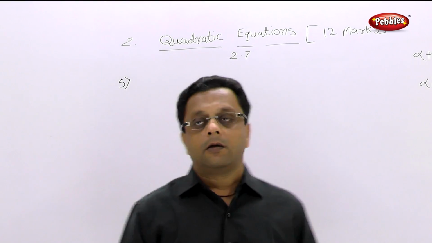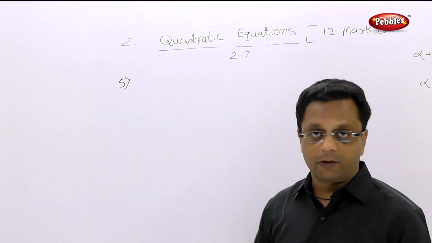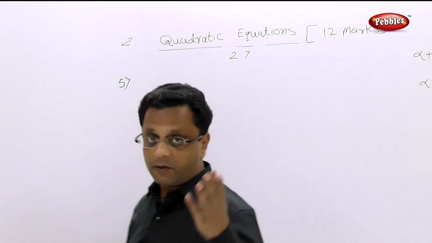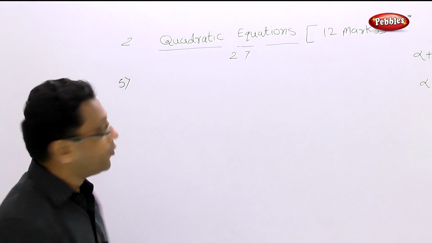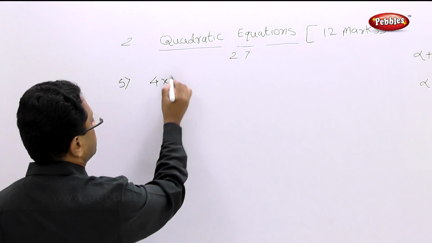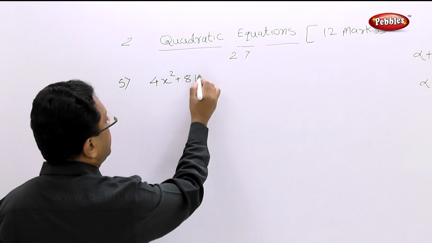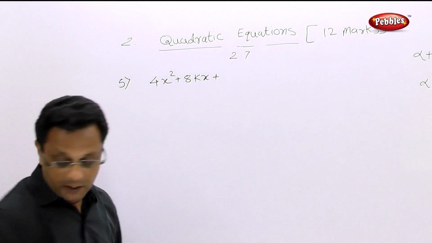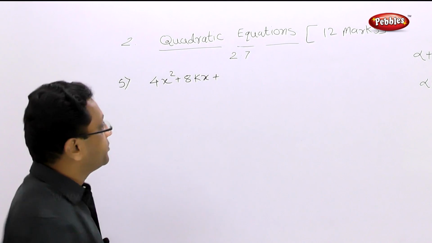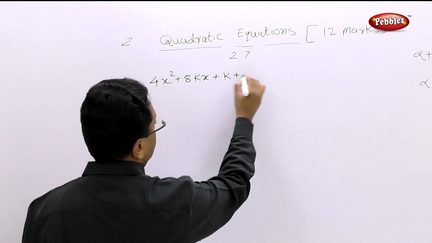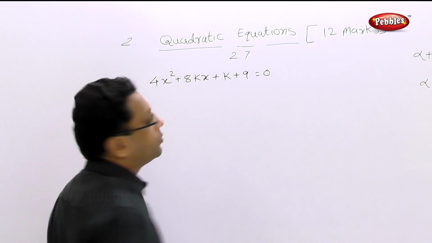Let us solve the fifth example now. In the fifth example, they have given one quadratic equation, that is 4x square plus 8kx plus k plus 9 equal to 0.